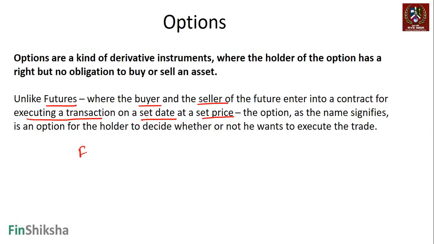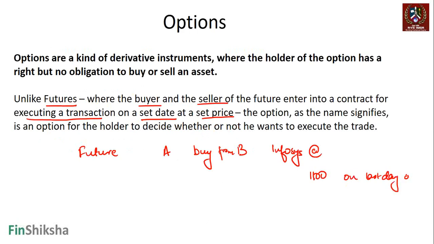So in the case of a future, person A can tell person B that A will buy from B one share of Infosys at the price of 1100 on the last day of this month, right? And B says I will sell at 1100, so that's fixed in this contract, right?